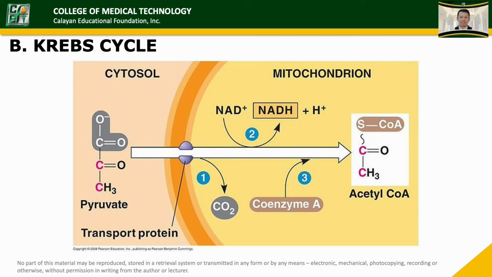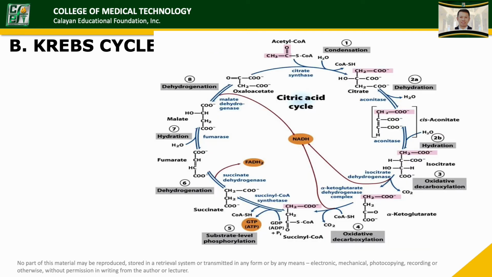You also have to be familiar with the different acronyms like NAD, nicotinamide adenine dinucleotide. There is a plus because it is charged. And then you also have NADH, the hydrogen form. Okay, so let us look into the chemical aspect of it.